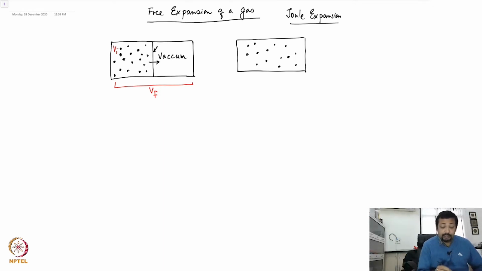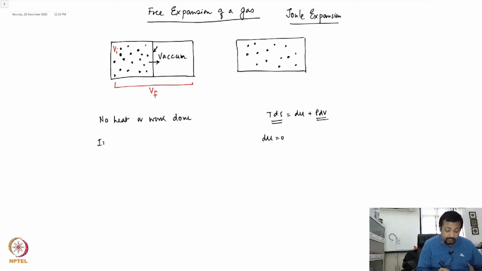Please note that there is no heat or work done in the system, so that I have TdS equal to dU plus PdV for a hydrostatic system, and there is no work done, there is no heat, so this implies dU is 0.